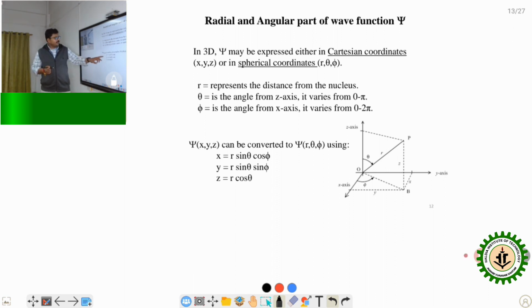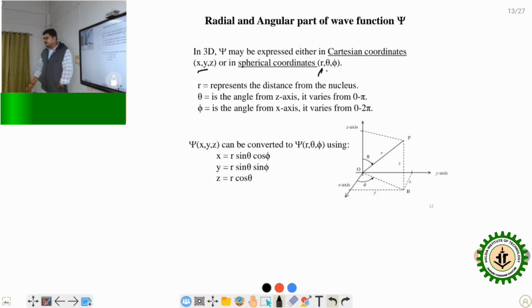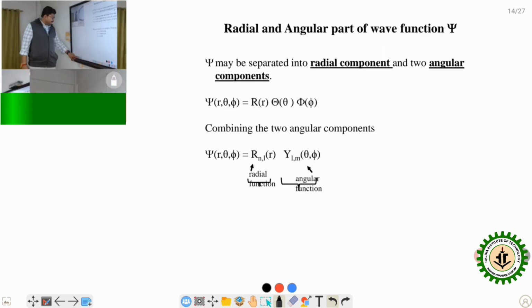One advantage of converting xyz to r, theta, phi is that the radial variable r is the distance variable, and theta and phi are the angle variables.